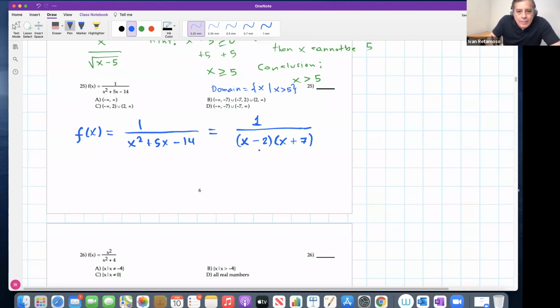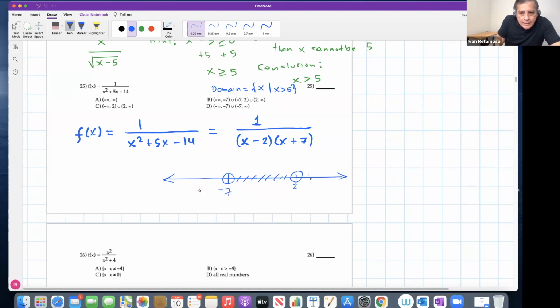So for the domain of this function, I have to take all real numbers except for the opposite of this, which is 2, and the opposite of this, which is -7. So -7 and +2 are numbers that when plugged into this function will give us an undefined situation, so they are not good for the domain.